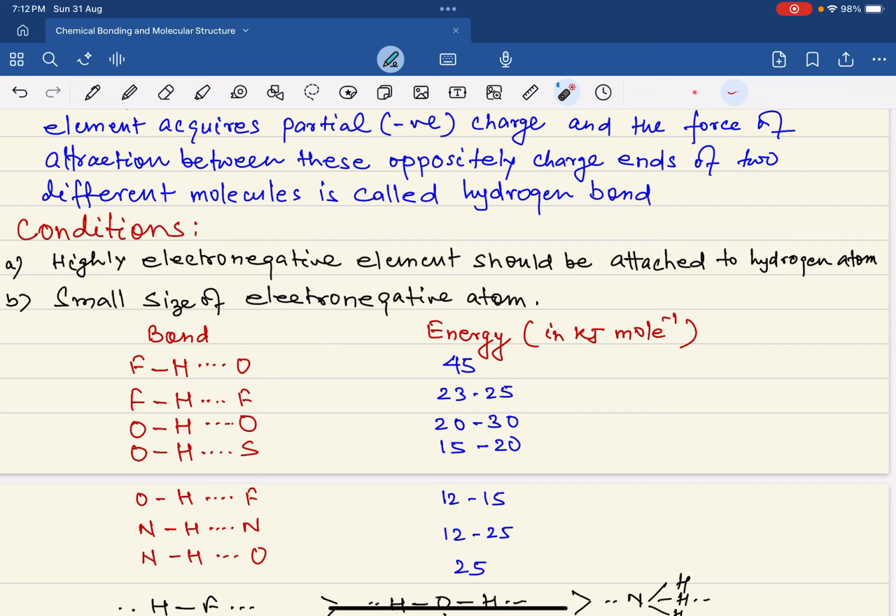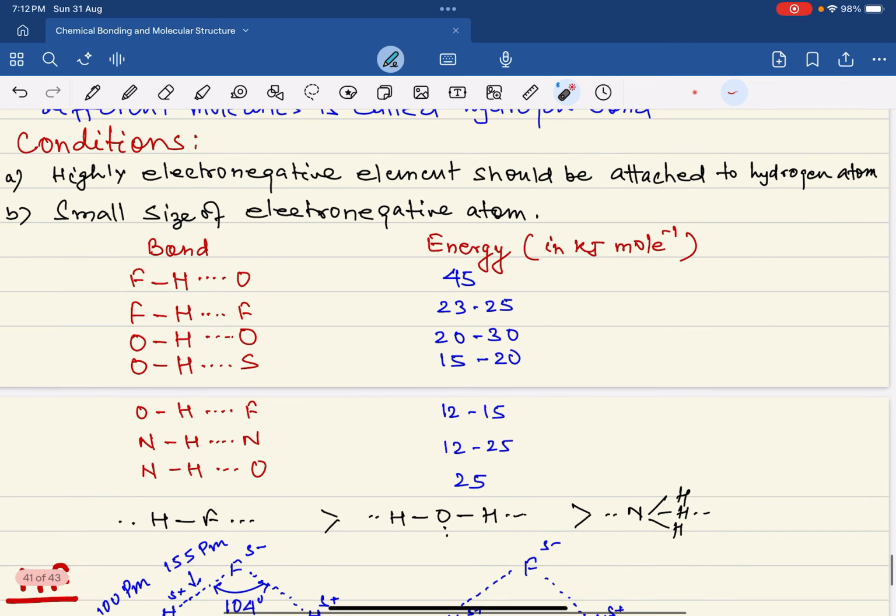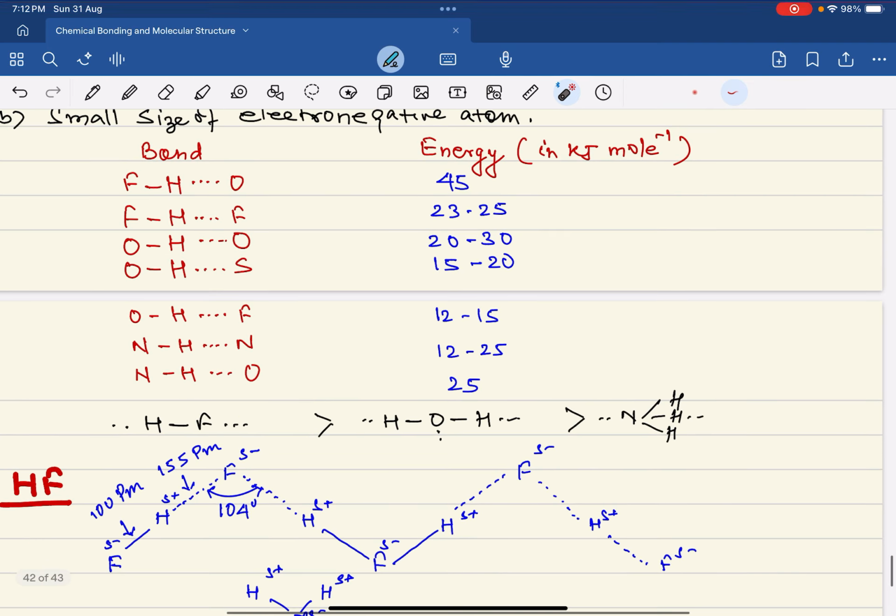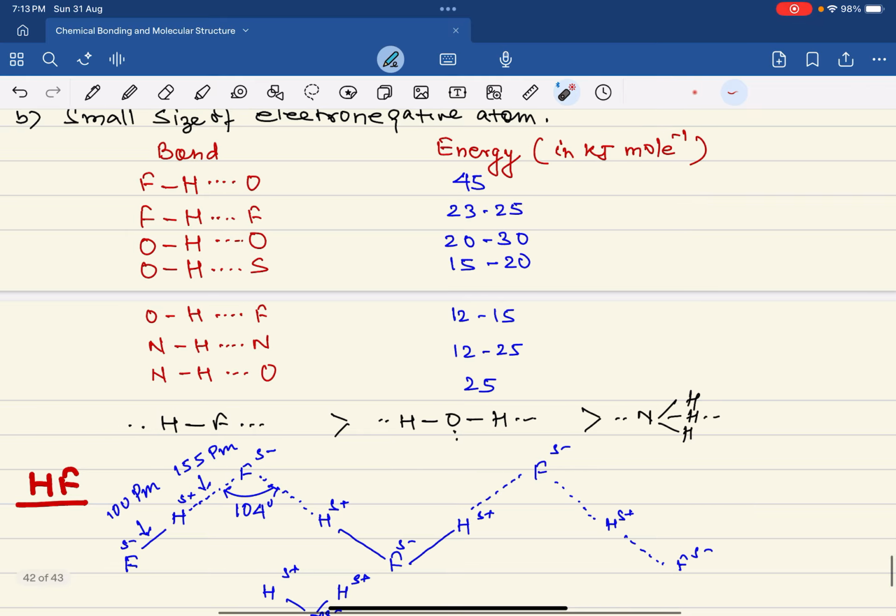In case of fluorine and oxygen, 40 kilojoule. In case of fluorine, hydrogen, fluorine, 20 to 25 kilojoule. So this data depends upon the electronegativity. In a nutshell, HF is able to form maximum hydrogen bond, then water and then ammonia. It is only because of hydrogen bonding.